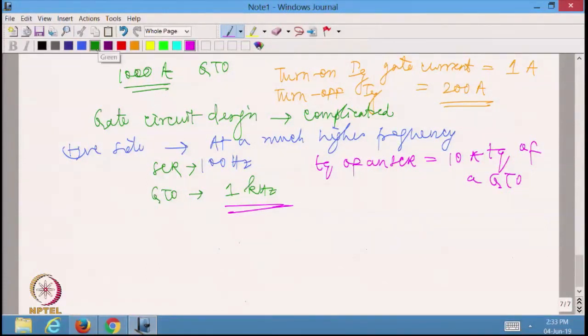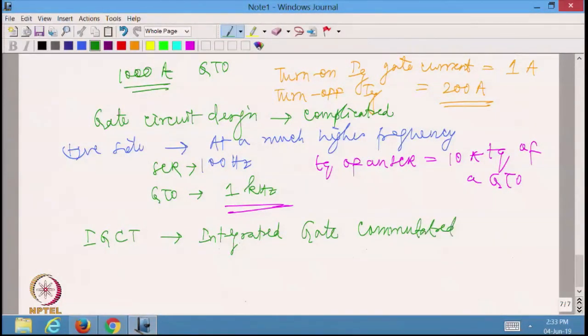But there are some new devices that have been designed by Mitsubishi and GE, which is known as integrated gate commutated thyristor, which is actually able to have an amplifier in the gate circuit.